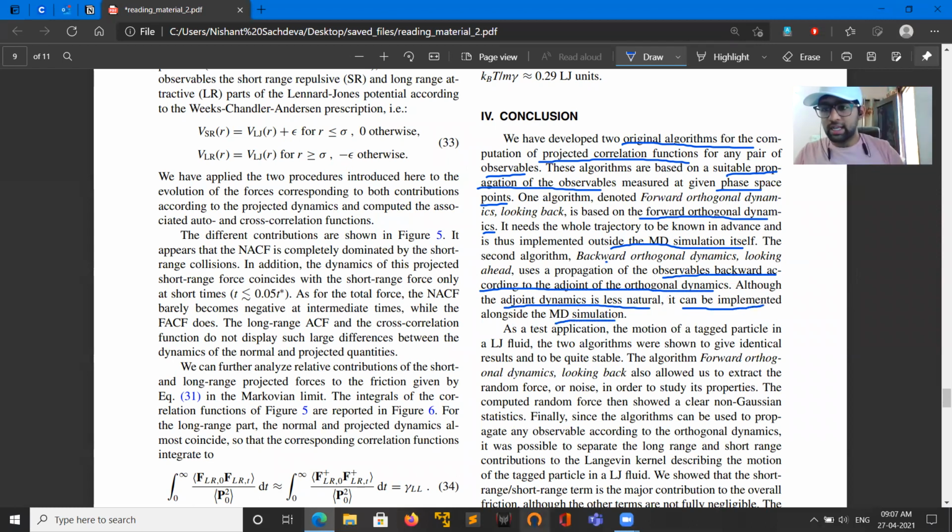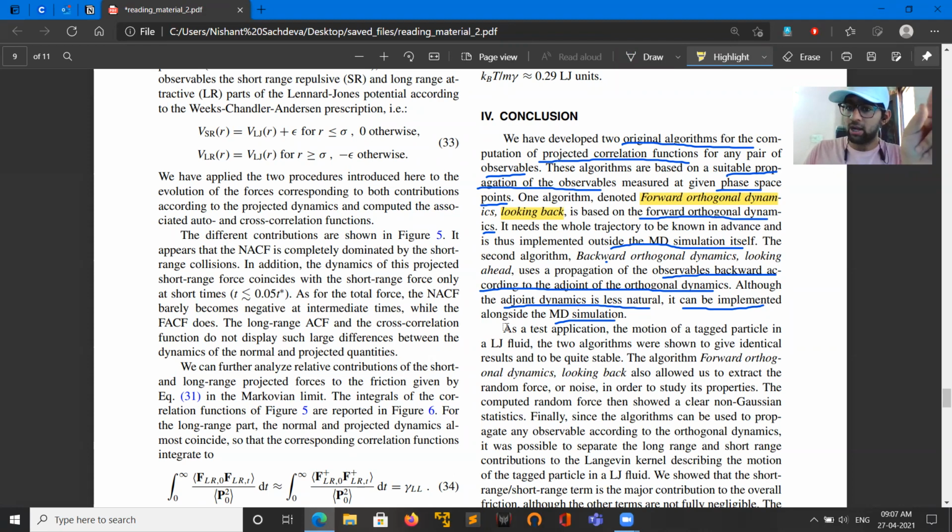So what we have understood here is that there are two algorithms. One is forward orthogonal dynamics, which looks back. It needs the whole trajectory to be known in advance, and because of this is implemented outside the MD simulation.